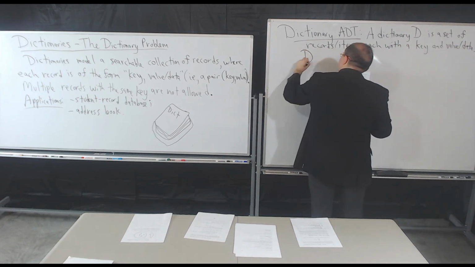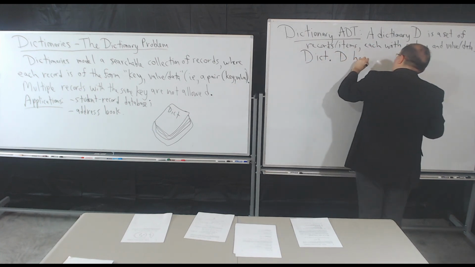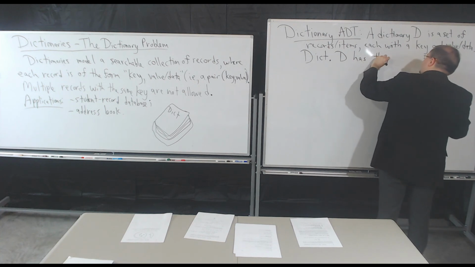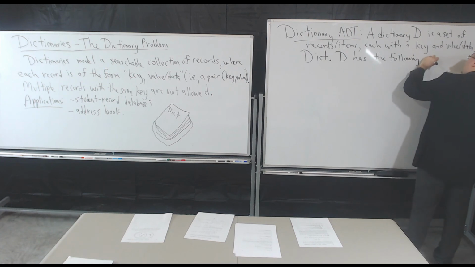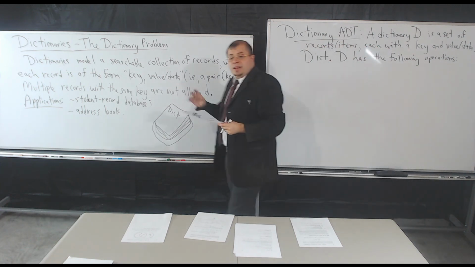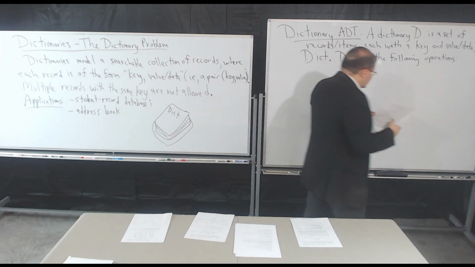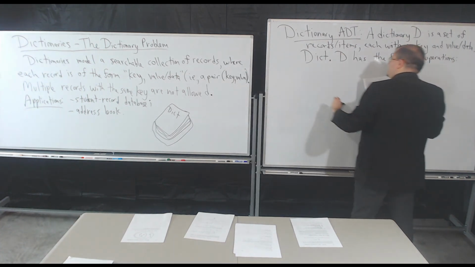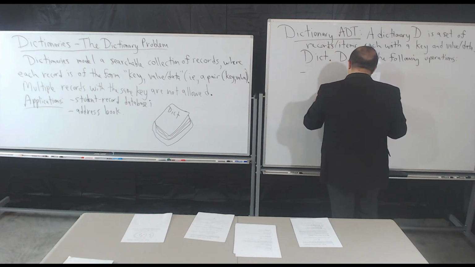Dictionary D has the following operations. So I'm going to write down the first three main ones, and then I'll leave the last ones to look for in the notes, because there's about 5 other ones. But I'll write them up next time, some of these other ones, and I'll quickly gloss over them. But I'm going to talk about the 3 main ones that we'll focus on.